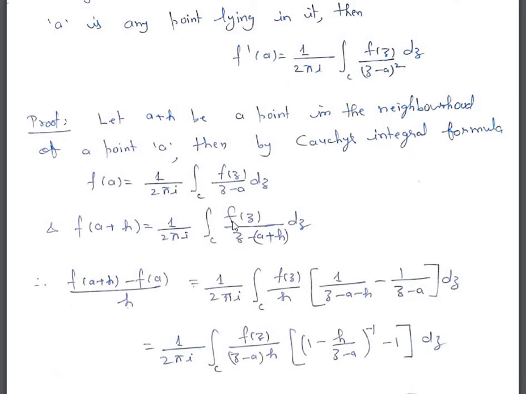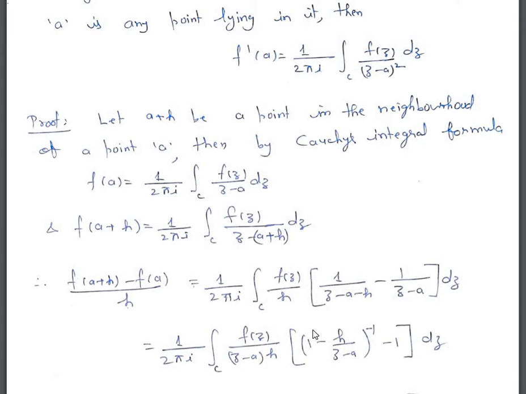Now inside the square bracket we have 1 upon z minus a minus h minus 1 upon z minus a dz, which can be written as 1 upon 2 pi i integral over C f(z) upon, take z minus a common from here, so we have z minus a into h outside, and inside the bracket we have 1 minus h upon z minus a raised to the power minus 1, minus 1 dz.